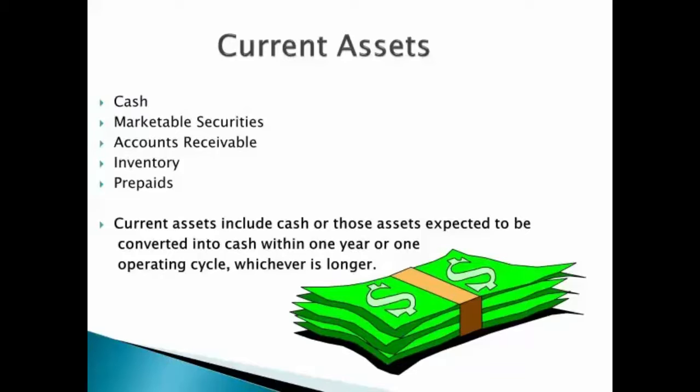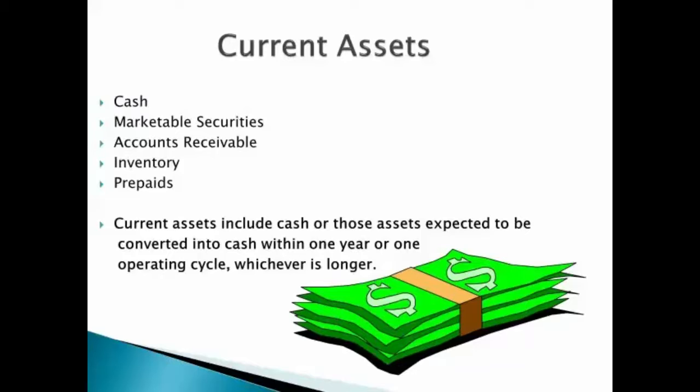Obviously, your inventory, as I mentioned in my example earlier, needs to be sold, and when it's sold, assuming you have customers on terms, it goes into your AR. So the inventory becomes receivables, and then it becomes cash when they pay you.